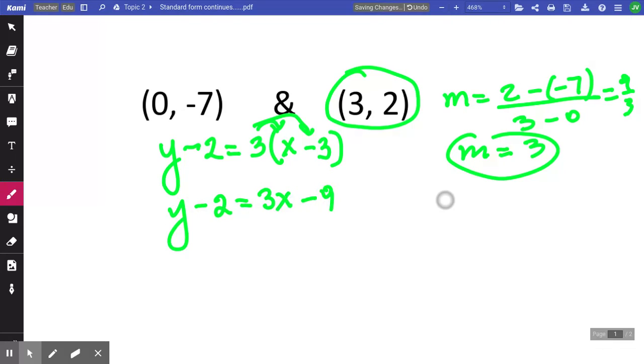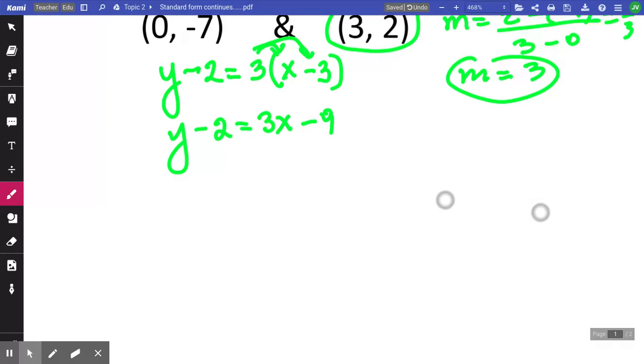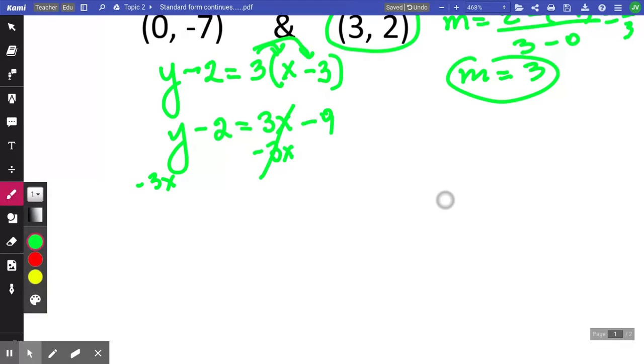I need that 3x to be on the other side for the standard form. So if I subtract 3x from here, subtract 3x from the other side as well, I have canceled that. In the meantime, I can work with that -2 as well, because I need that negative 2 to be on the other side, not here.